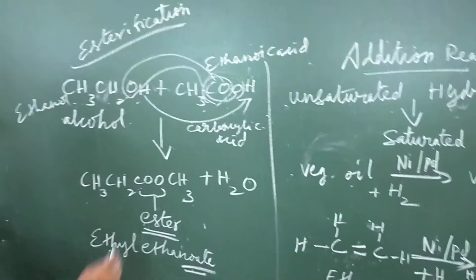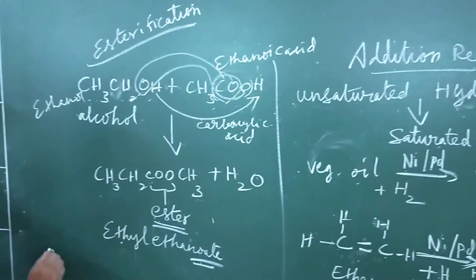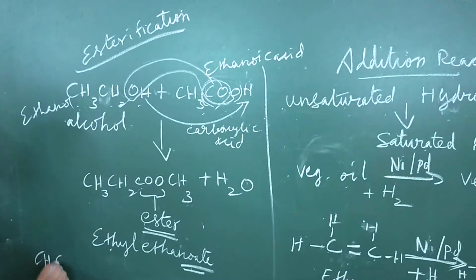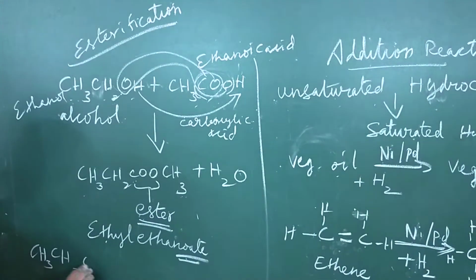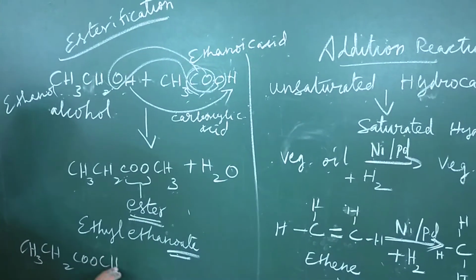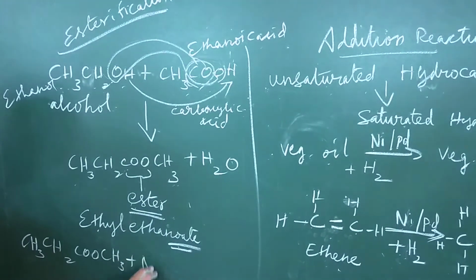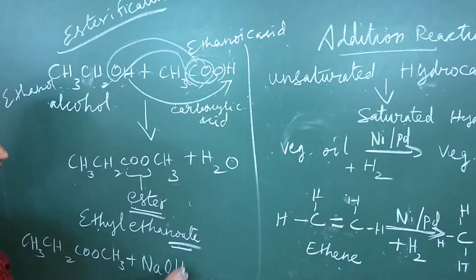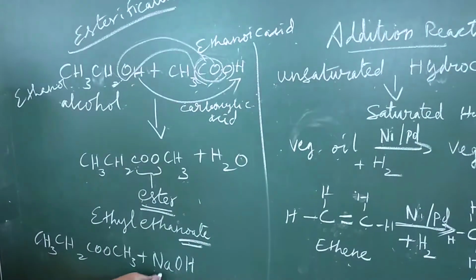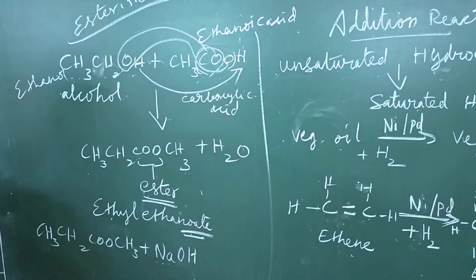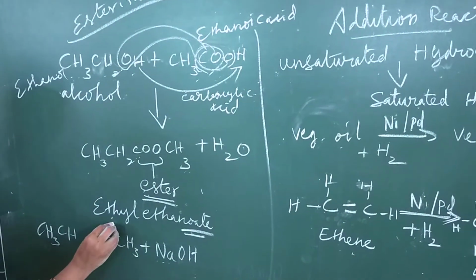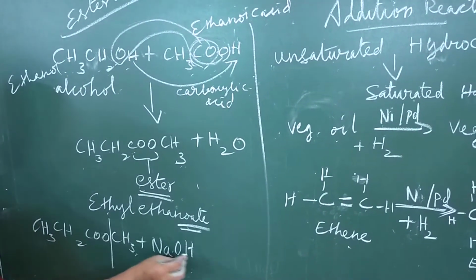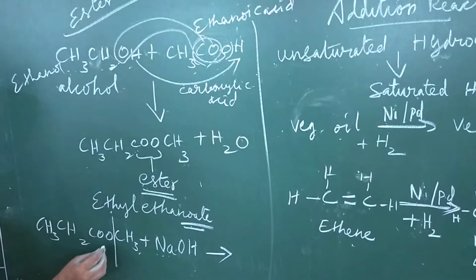Now with this ester, CH3CH2COOCH3. If you add a base, what is the base? Sodium hydroxide. Now what happened? You will be getting salt and alcohol.